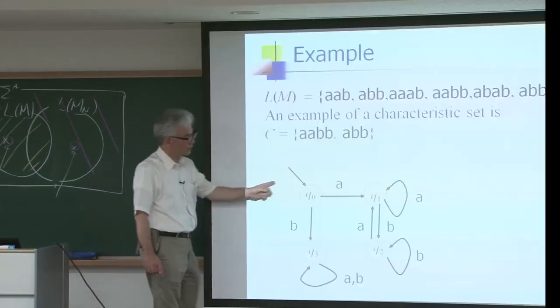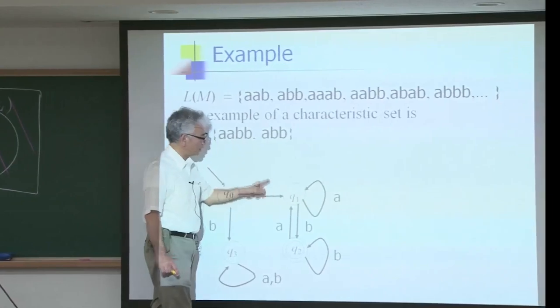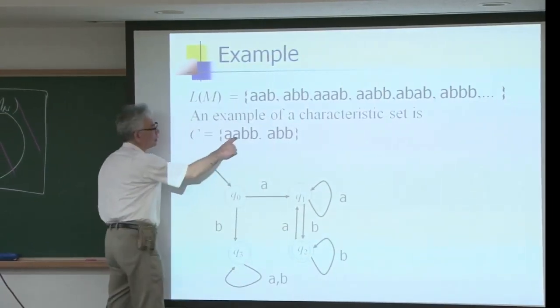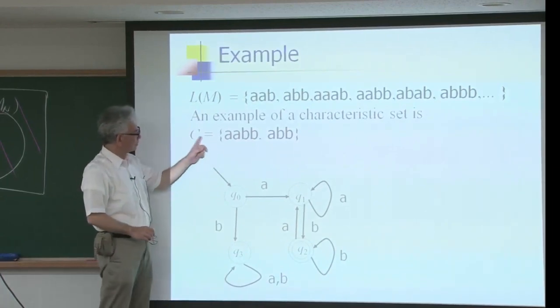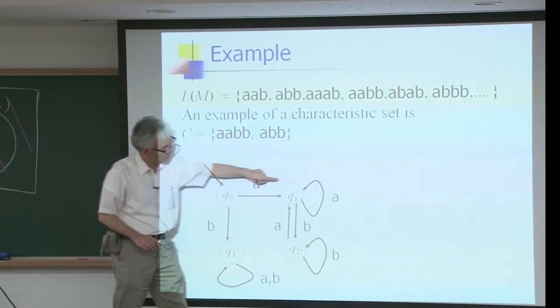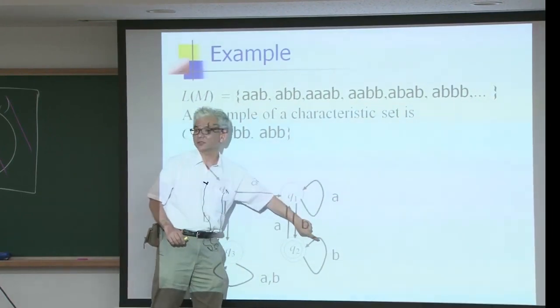For example, this is A, A, B, B. So A, A, B, B means that this string is accepted by this transition and this transition and this transition, this transition.